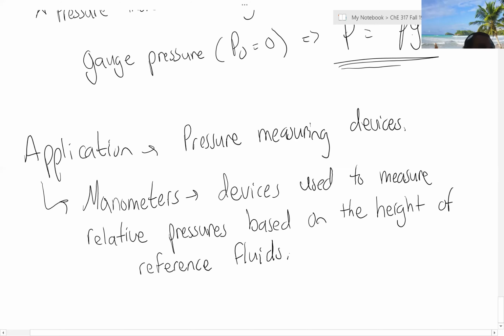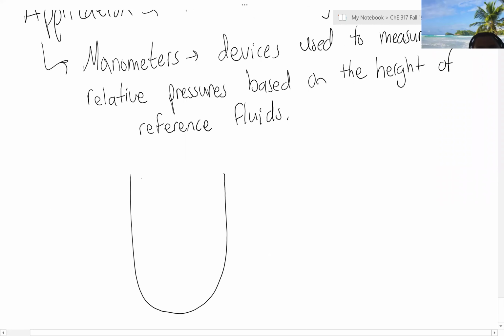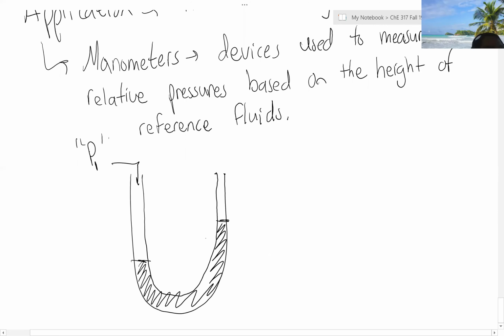And so a good example of this would be if I had a manometer where a fluid happened on this one side. P1 is largely unknown. I could have a second reference fluid that the unknown pressure can exert itself upon.